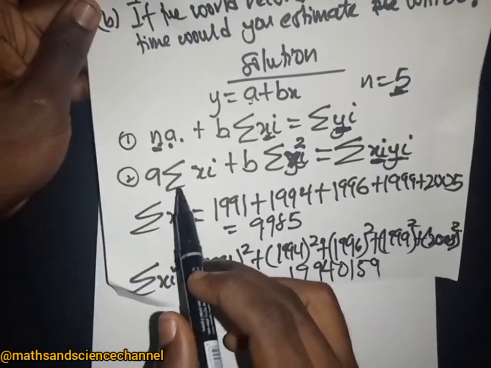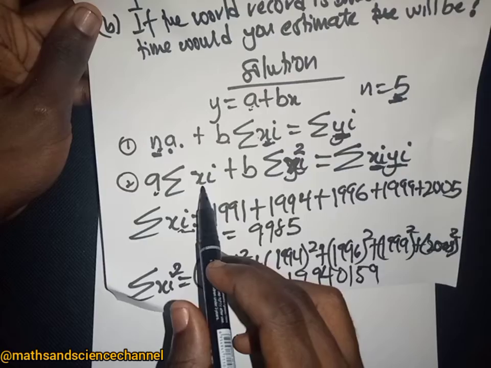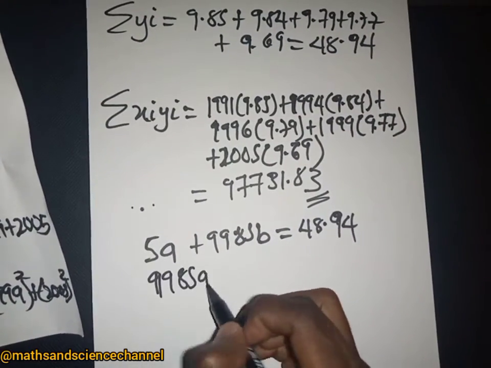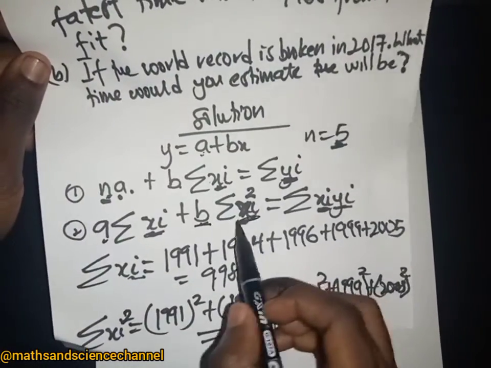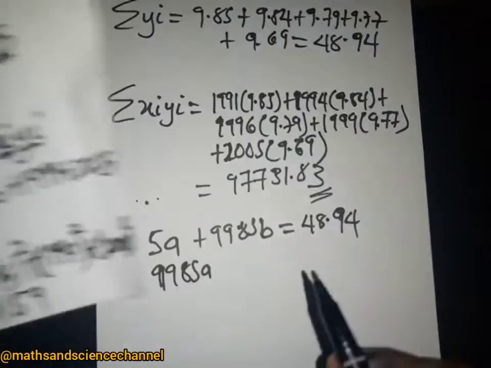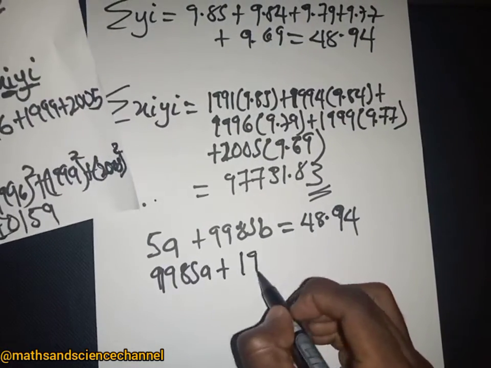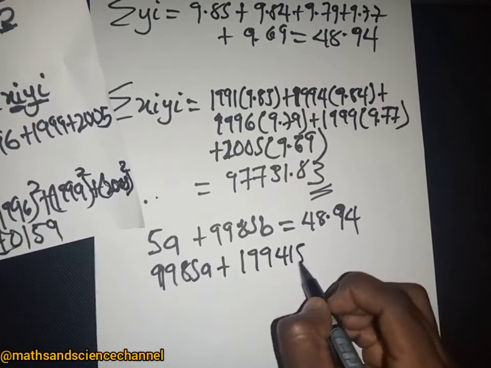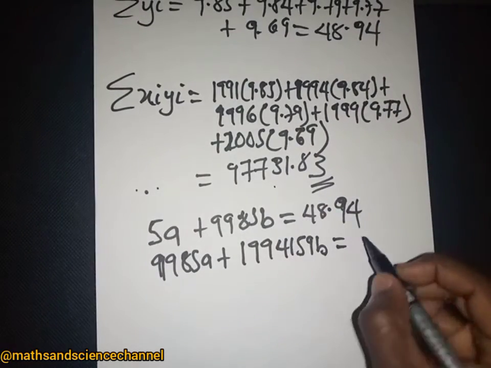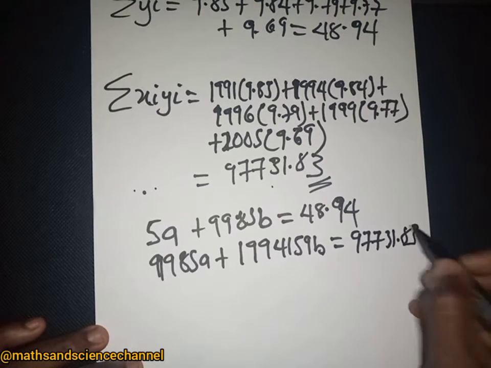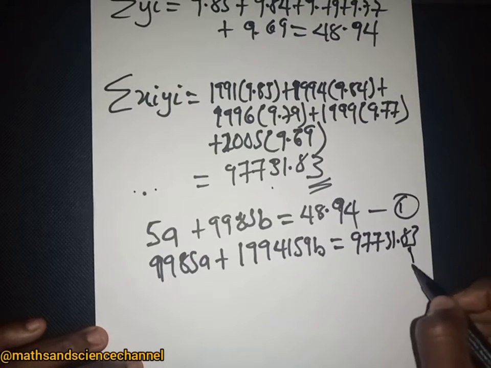Then over here, the second equation, we have a multiplied by the summation of all the x, so it's 9985 a, and b multiplied by the summation of all the x squared, 19941559 b, being equal to the x and y sum, which is 97731.83. We can call this equation 1 and this equation 2.